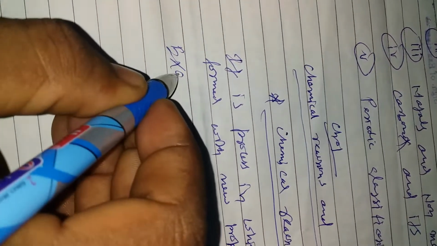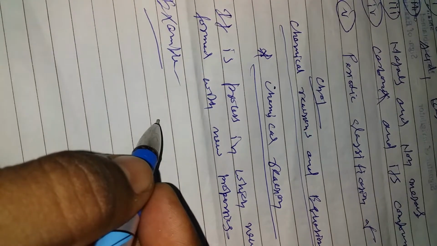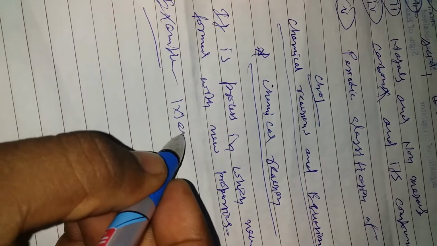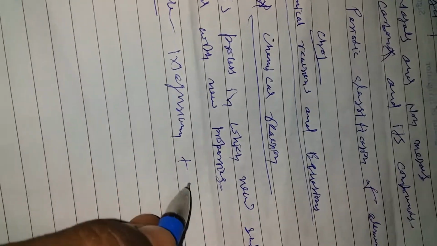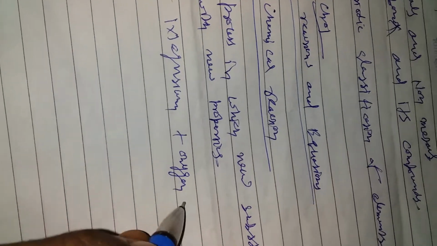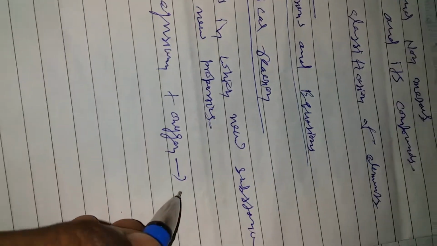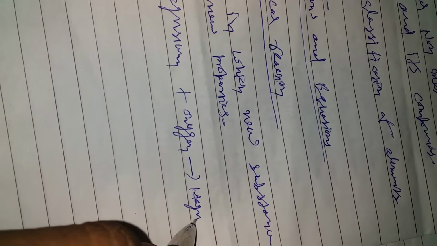As for example, we burn magnesium ribbon in the presence of oxygen. It burns with a dazzling flame to produce magnesium oxide.